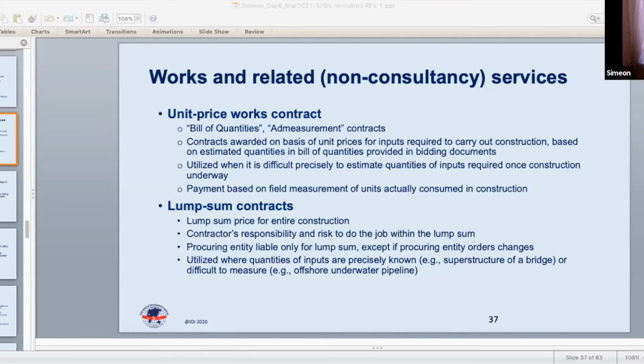The duty of the parties, in particular the procuring entity's duty to assist the contractor. For example, if the contractor has to apply for certain licenses or permits, typically in the general conditions of contract, the procuring entity will take on the obligation of assisting, using its good offices to help the contractor so that the contract can be implemented as efficiently as possible.